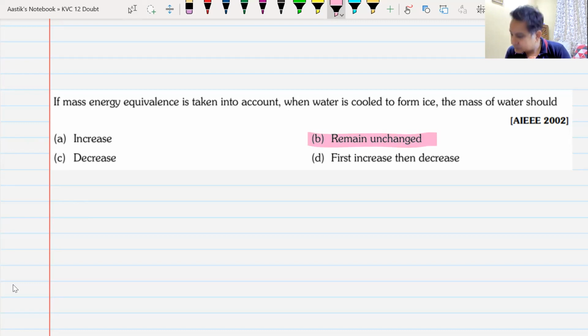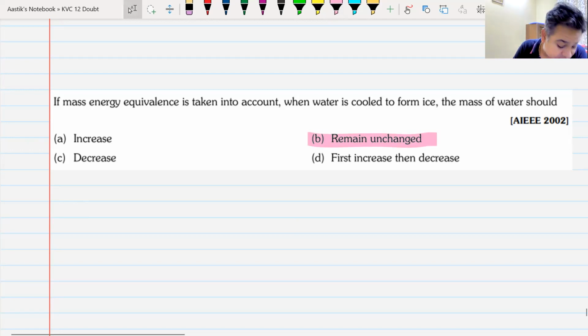But mass will always remain constant no matter how you take it. Please remember this question. If it comes, just mark the remain unchanged option. Move ahead and stay happy.